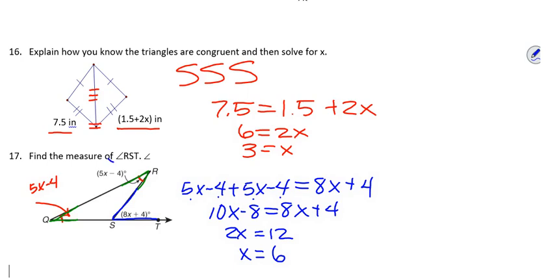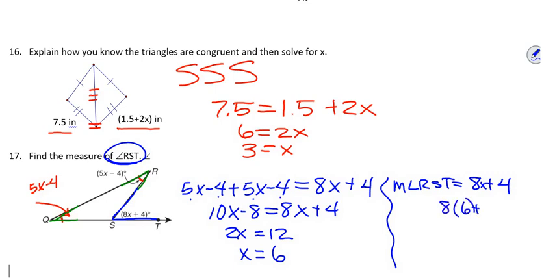Notice that it asked me for the measure of RST. So that means I have to put that 6 back in the equation. So we're looking for the measure of angle RST. We had the equation 8x plus 4 for that. So I'm going to go ahead and plug that 6 in there. So that's going to be 8 times 6 plus 4. 8 times 6 is 48 plus 4 is 52.